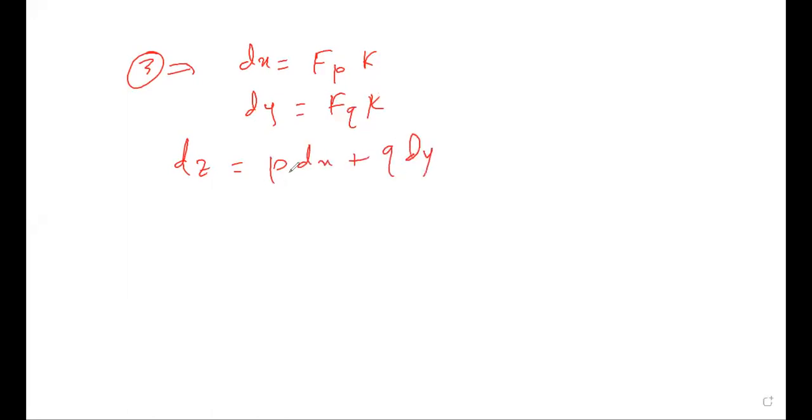So I can transform this dx according to this one. I'm going to substitute: dz equals fp times k plus q times fq times k. So I can take the k outside: (p fp plus q fq) k.